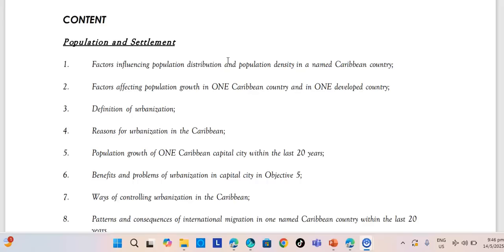All right. Another factor that influences population distribution and population density is soil and farming. So let's look at a fertile area that has fertile soil, like the plains of St. Elizabeth and Clarendon.